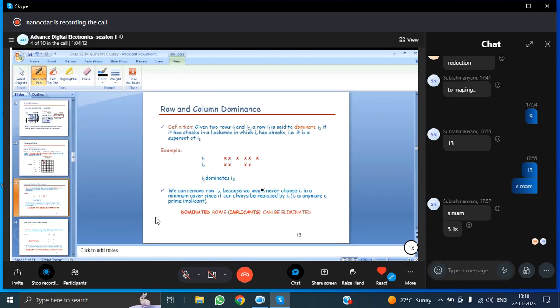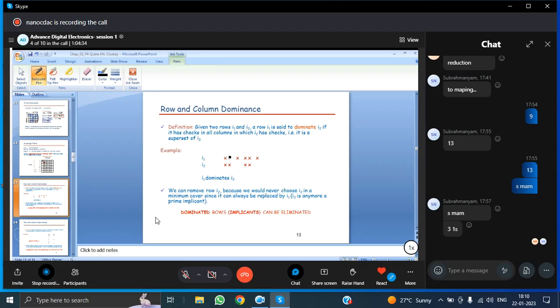So see here row and column dominance. 2 rows are I1 and I2. So I1 is said to dominate I2 if it has checks in all columns where I2 has checks.